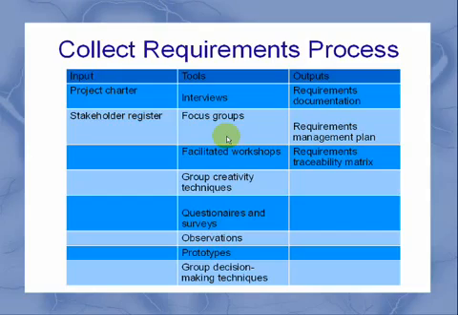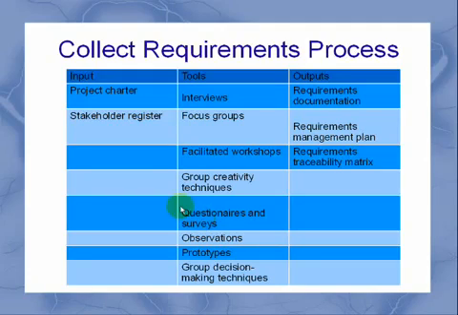The collect requirements process has 2 inputs, 3 outputs, and several tools and techniques. There are actually 8 listed, but some techniques have more information, so we will go through those in the next lectures.